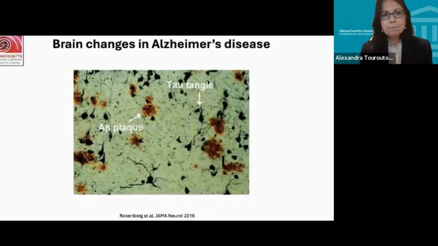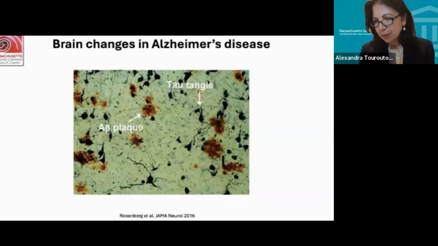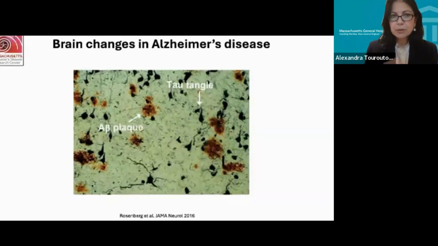Before PET scans, we were only able to see these proteins under a microscope. But now with PET scans or with cerebrospinal fluid tests or blood tests, we are able to measure these toxic proteins in the living brain.